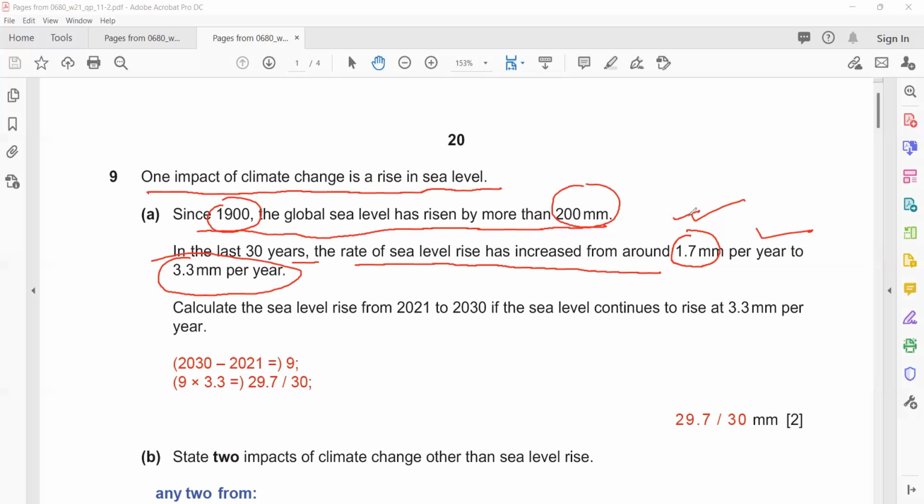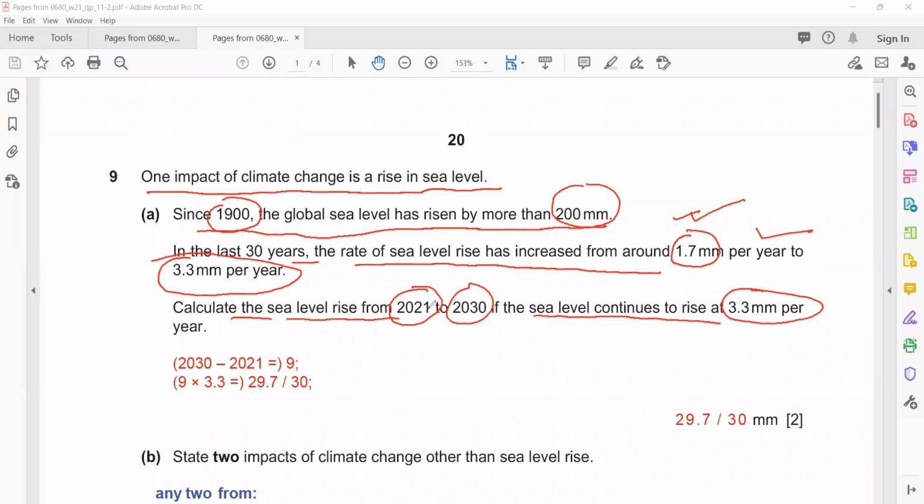But in the last 30 years, it increased to 3.3 millimeter per year. Now, what is the question? Calculate the sea level rise from 2021 to 2030 if the sea level continues to rise at the rate of 3.3 millimeter. So how much will be the rise?